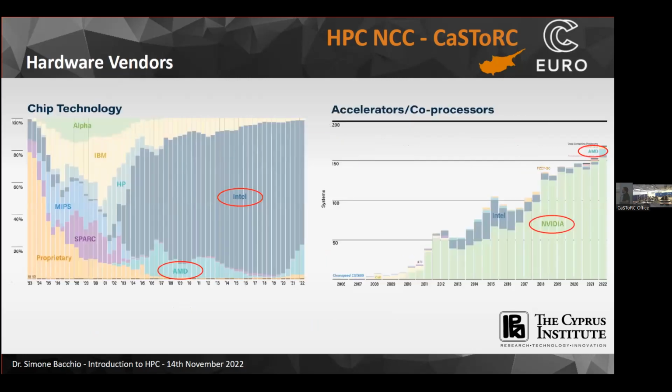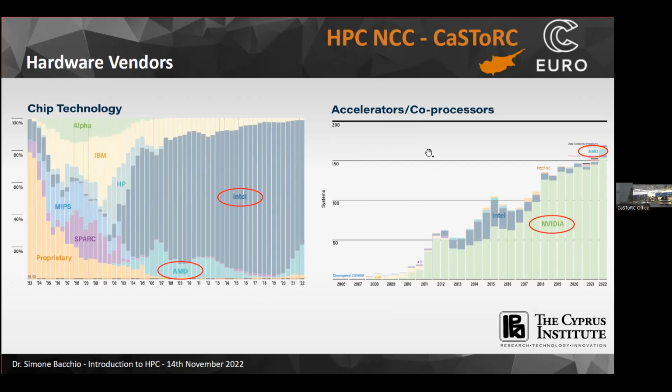So the hardware. You can see in this table some statistics about the hardware of the systems. Most of them are using Intel for the CPUs. Intel has dominated the market in HPC since 2000, and the only competitor is AMD, which is again gaining more ground these days.